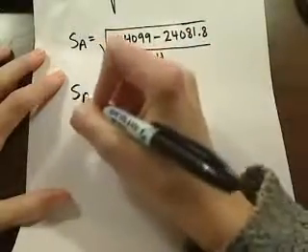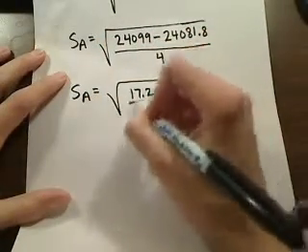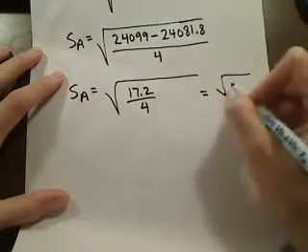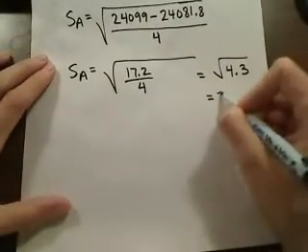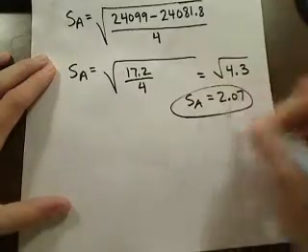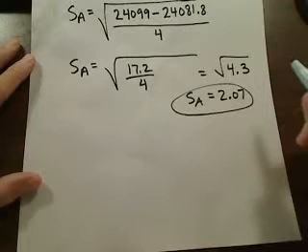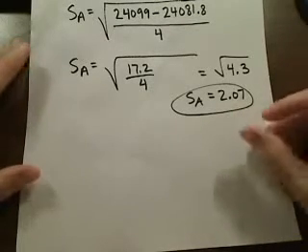Do the subtraction, and you will get 17.2 over 4. Do the division, it'll be 4.3, and then take the square root, and you're going to get 2.07. Okay, so the standard deviation for set A is 2.07.